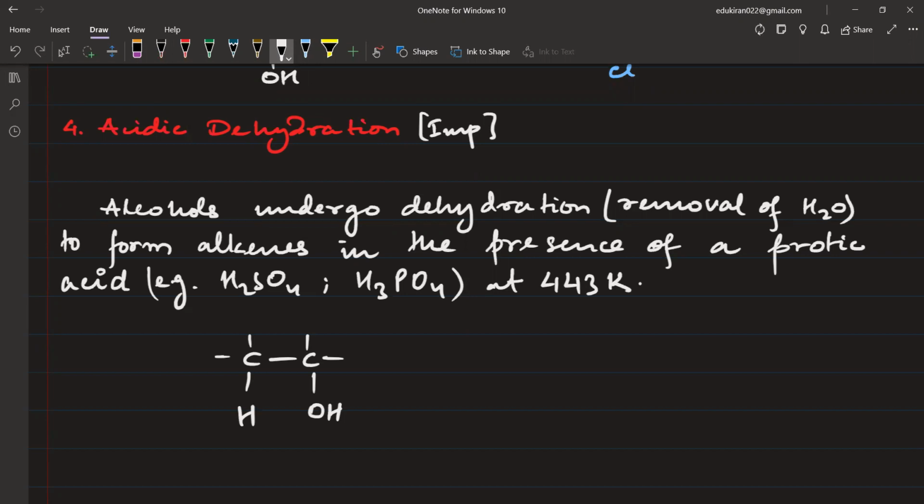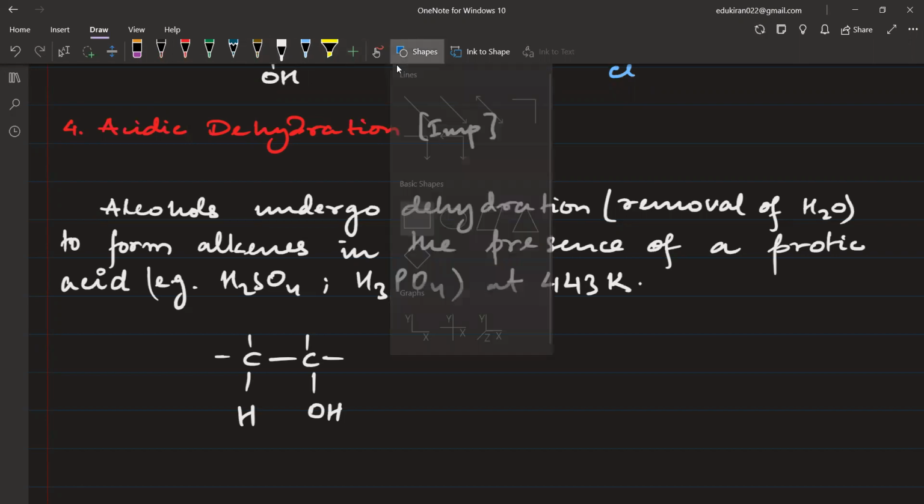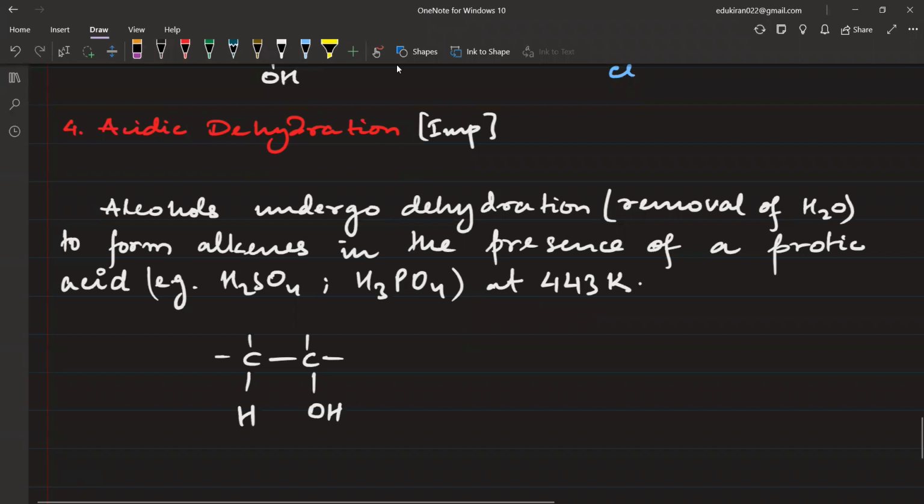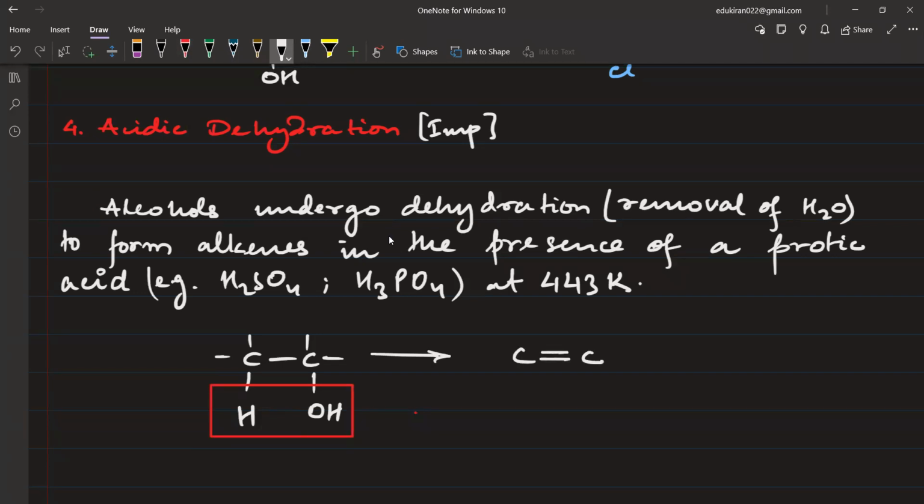If it does not have hydrogen, then the reaction will not happen. These two will be removed and there will be formation of a C double bond C alkene. The two bonds will remain as they are, plus water is formed.